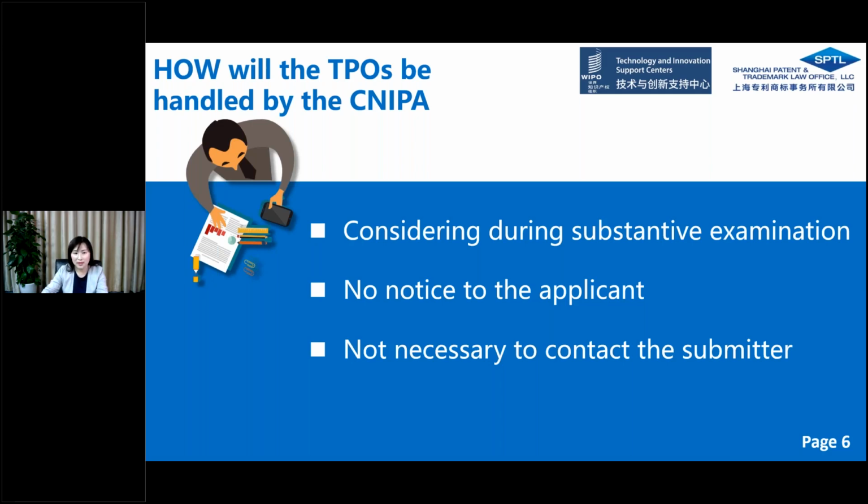From this system, we can see the detailed remarks in the office action of these applications, and we found that above 75% of reference documents or arguments we submitted were adopted by the examiners.